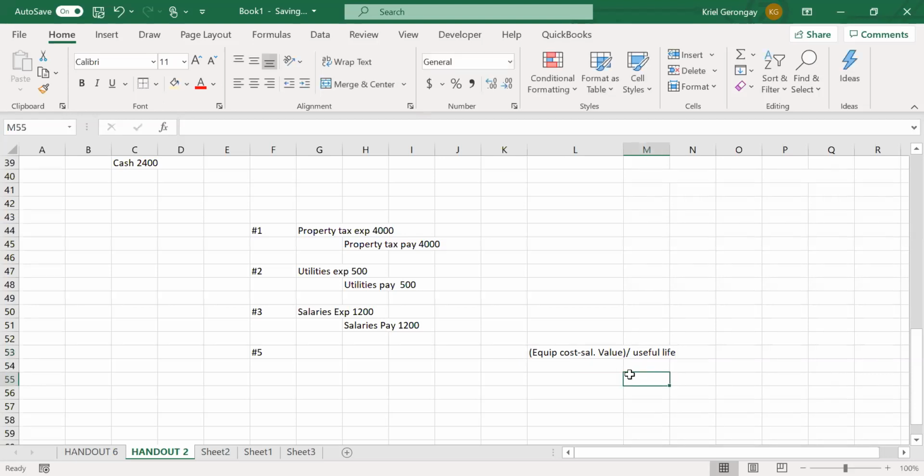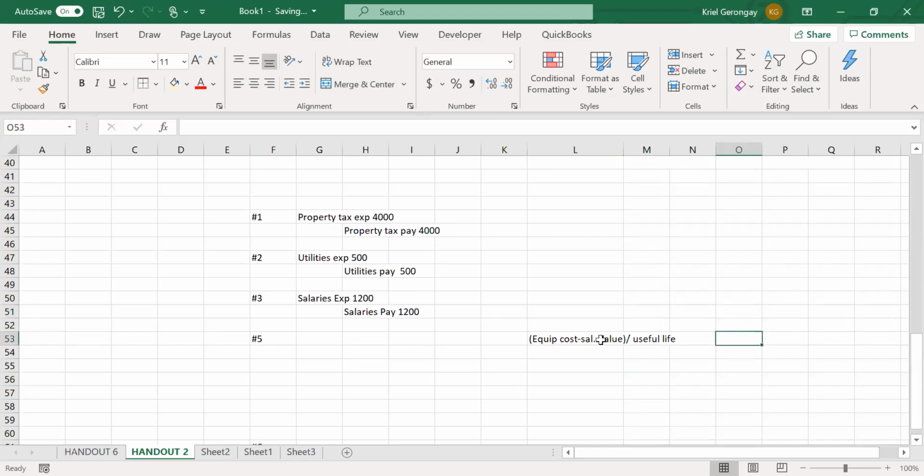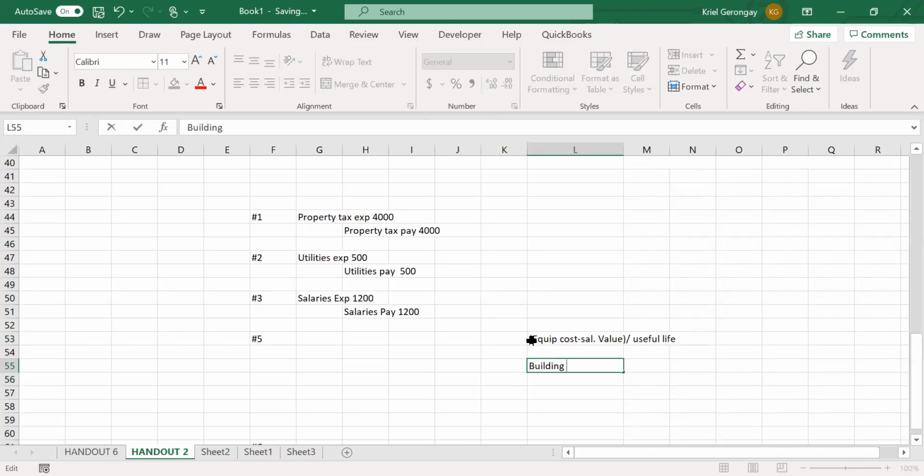For this one, let's just do it step by step. We can do the building first. This formula right here is for the annual depreciation.